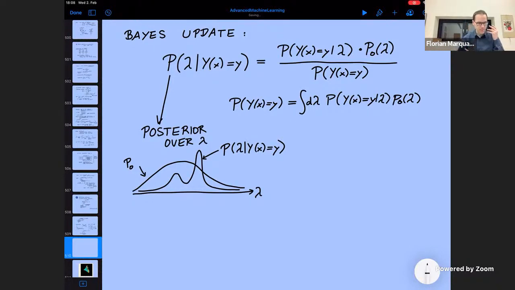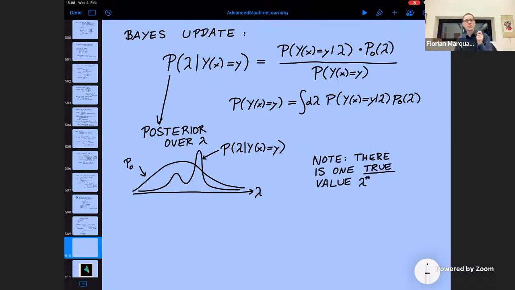So that's very important to understand. Even though we don't know this true value, it is in the background. And sometimes I might call this lambda star.